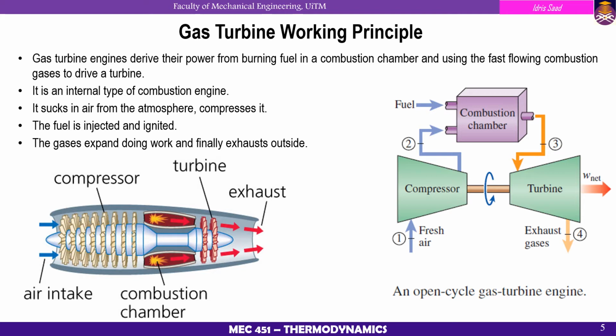The combustion occurs inside the closed combustion chamber, and it is categorized as an internal type of engine. As you can see on this figure, the first one is the air intake, the second one is the compressor, the third one is the combustion chamber, the fourth one is the turbine, and here it is the exhaust.